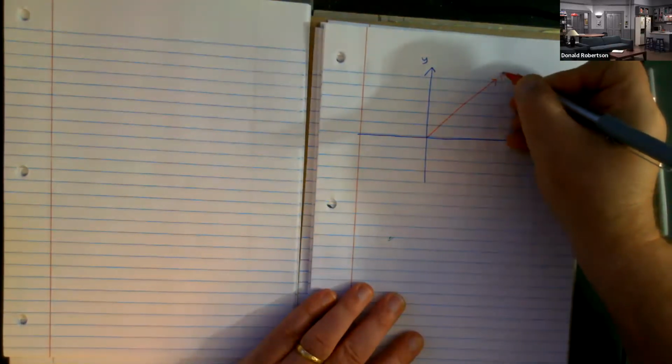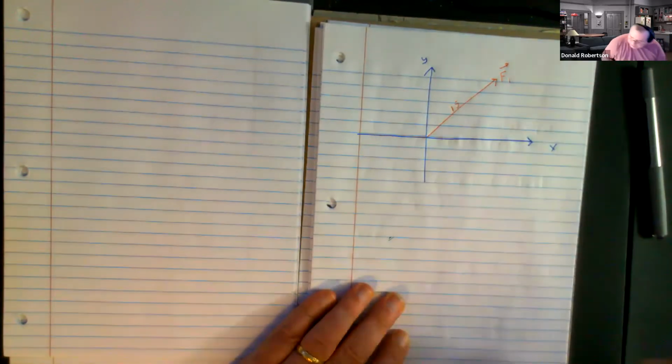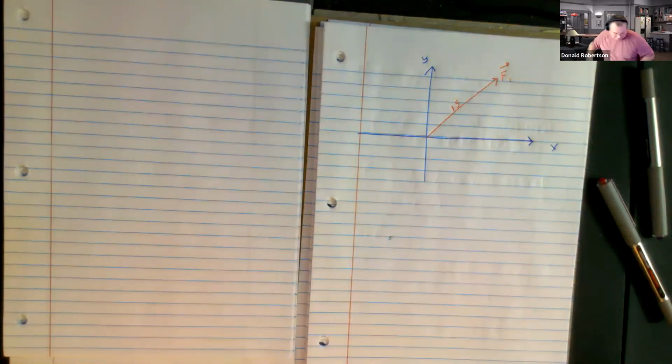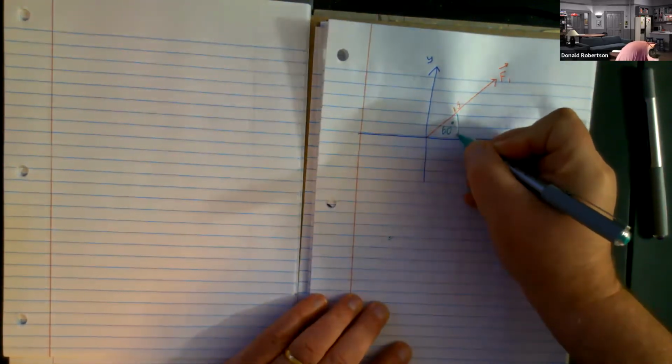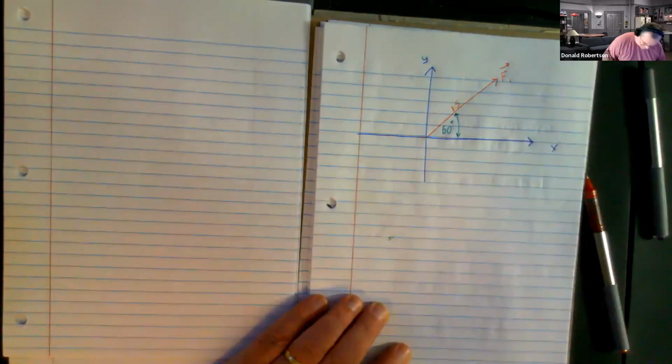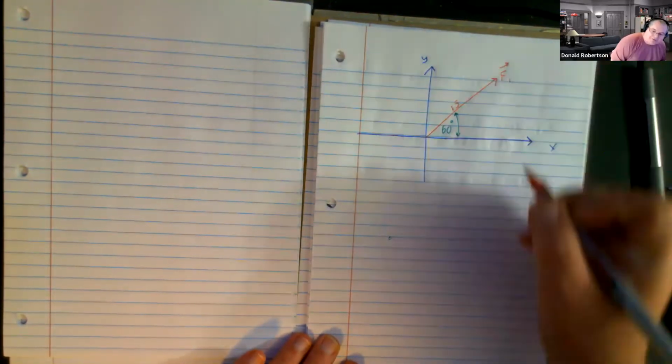So the first force is going to be called F1. It has a magnitude of 15, so you write 15 there. Change my pen, the red one's down on me. And the angle that it makes, I'll do it in green, is 60 degrees. So what I'm going to do now is calculate the vector F1.